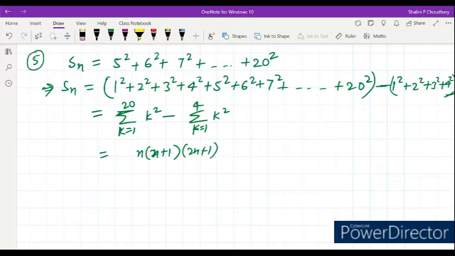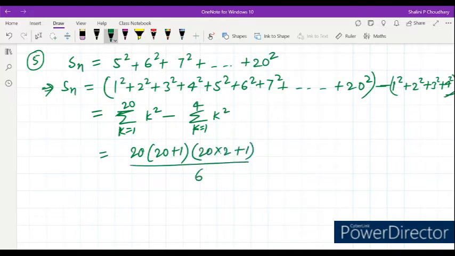So directly we'll write 20 multiplied by 20 plus 1 multiplied by 2 into 20 plus 1 divided by 6, because we are applying the formula n into n plus 1 into 2n plus 1 upon 6.